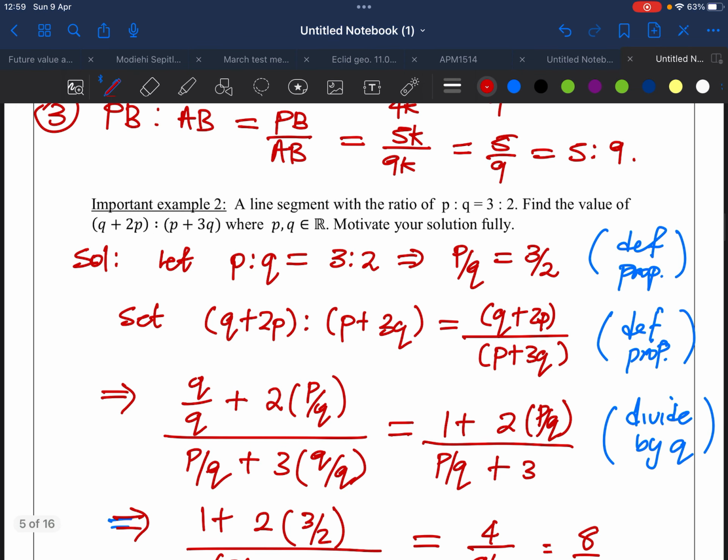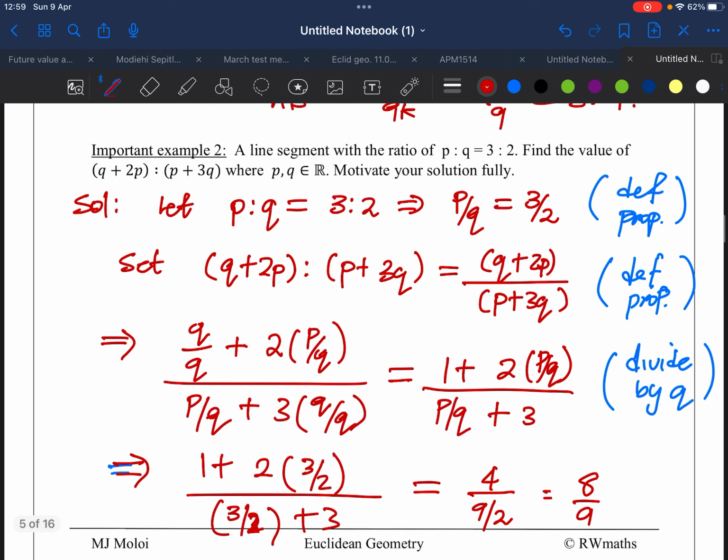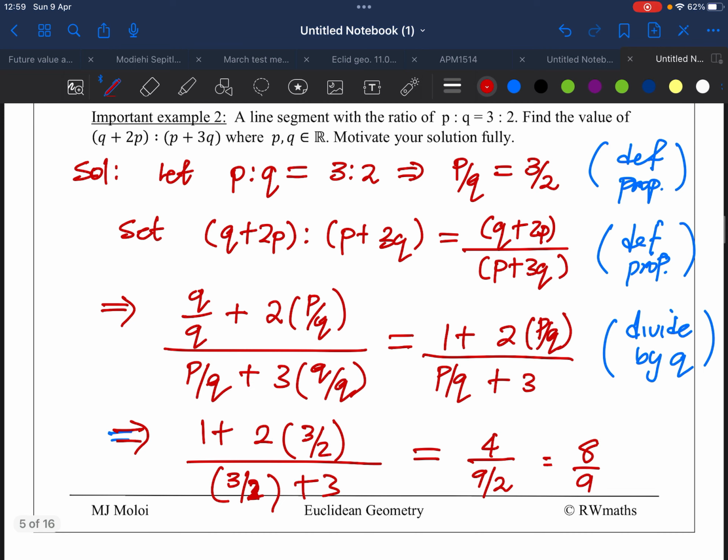So let us recap. We said let P is to Q be equivalent to 3 is to 2. But we know by definition of proportion that P over Q is equivalent to 3 over 2. Now we go to Q plus 2P is to P plus 3Q, which is equivalent to Q plus 2P over P plus 3Q. So now we have to be smart about it.